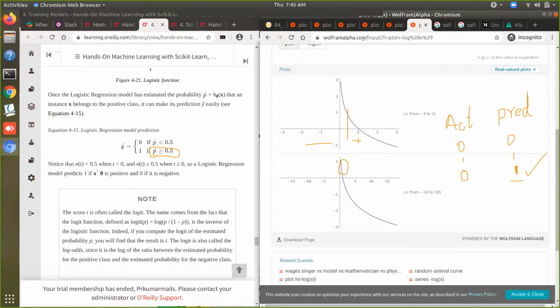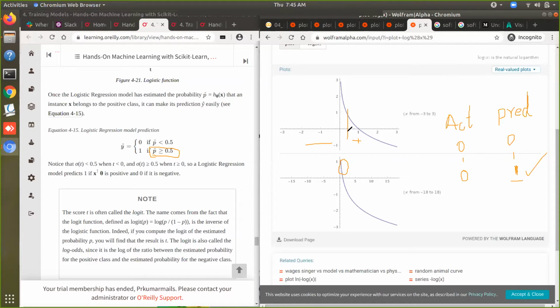So the probability value is greater than 0.5.